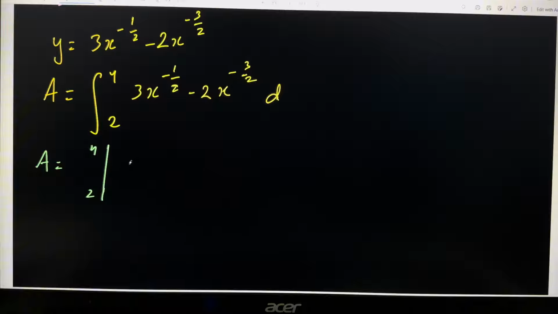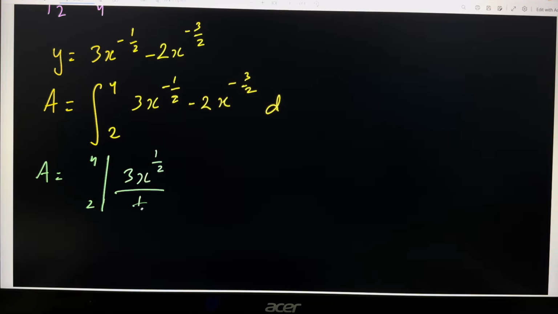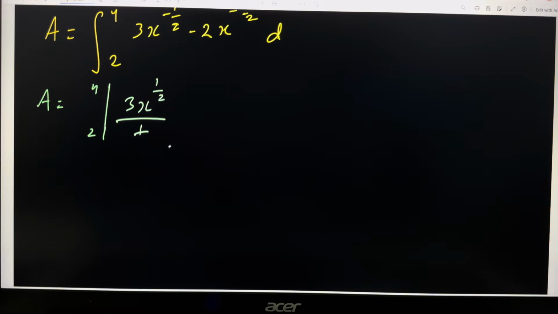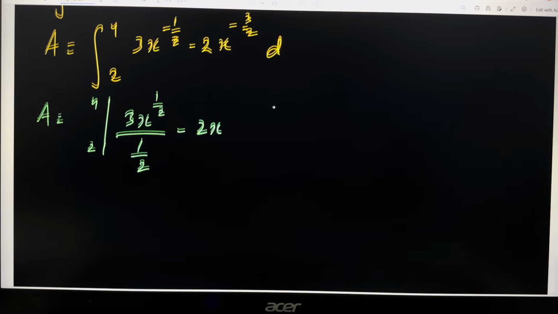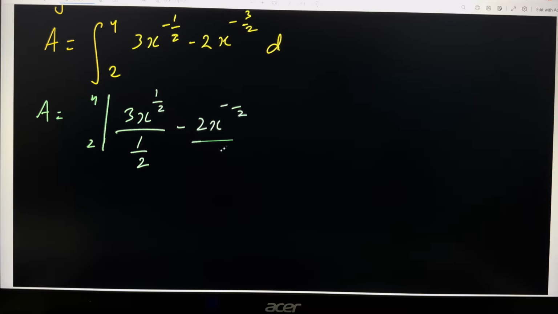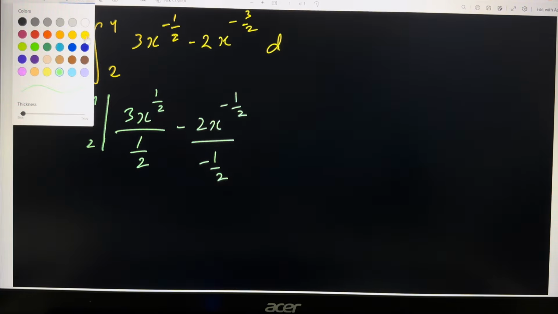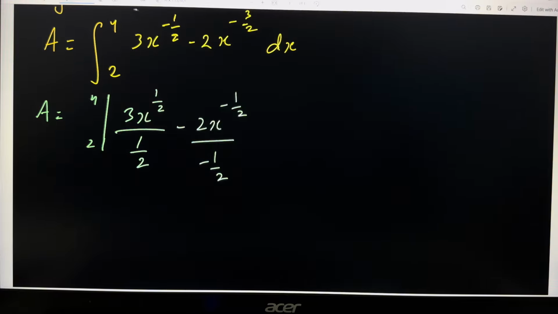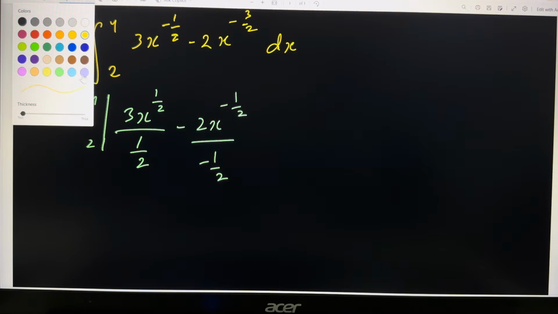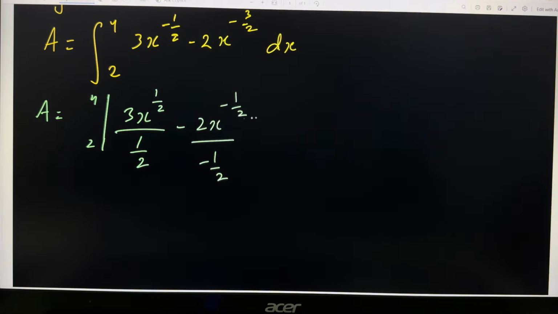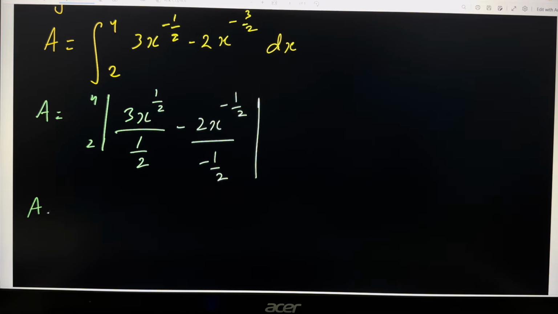The power of x increased by 1, so that's 3x to the power 1 upon 2 upon the new power, and again for 2x, the power increased by 1, so that's minus 1 upon 2, and all of this upon minus 1 upon 2. Okay, so we can just simplify this and add the limits.